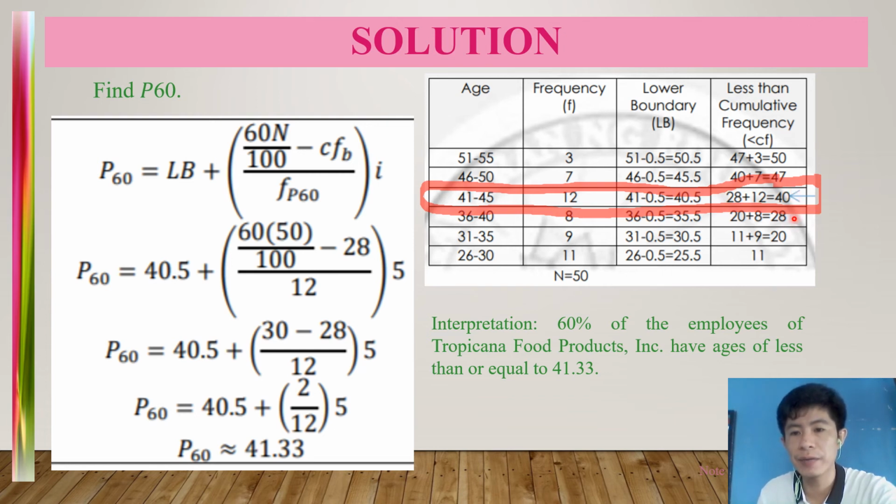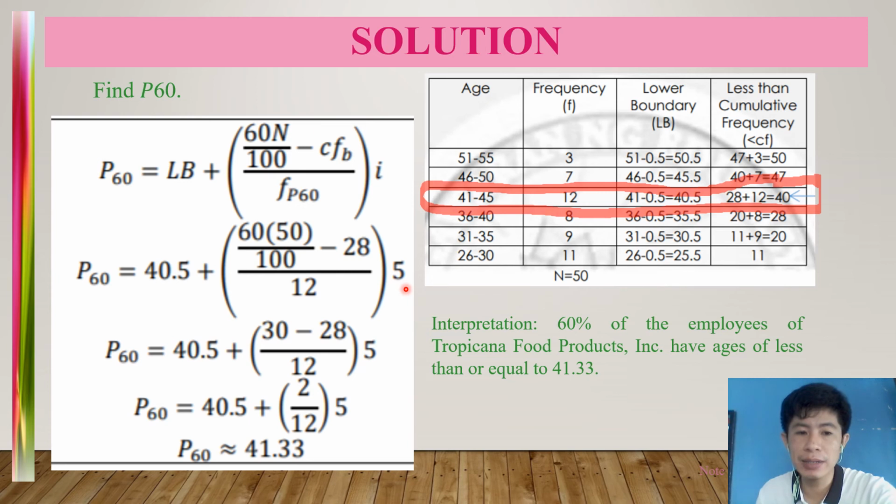Yung nasa baba ng 40, that is 28. So, yan yung ima-minus natin dyan, minus 28, all over frequency of P60, that is 12. Under frequency, sa may bilog, we have 12. So, yan ang ilalagay natin sa denominator, times 5.